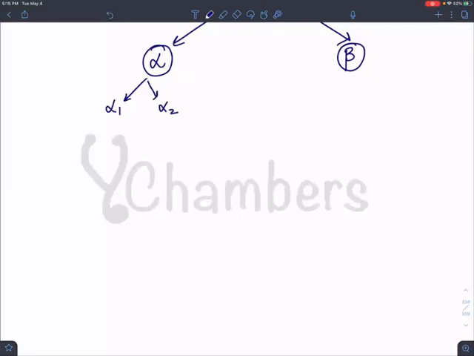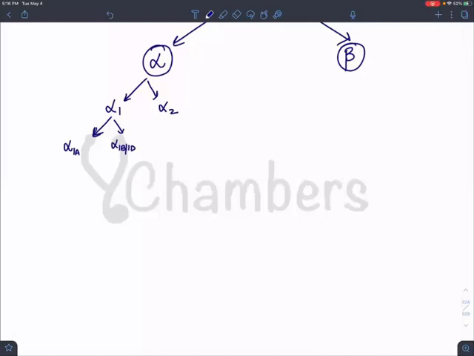Alpha 1 is further divided into alpha 1a, alpha 1b, and alpha 1d, with the letters written in subscript. Alpha 2 has no further division.